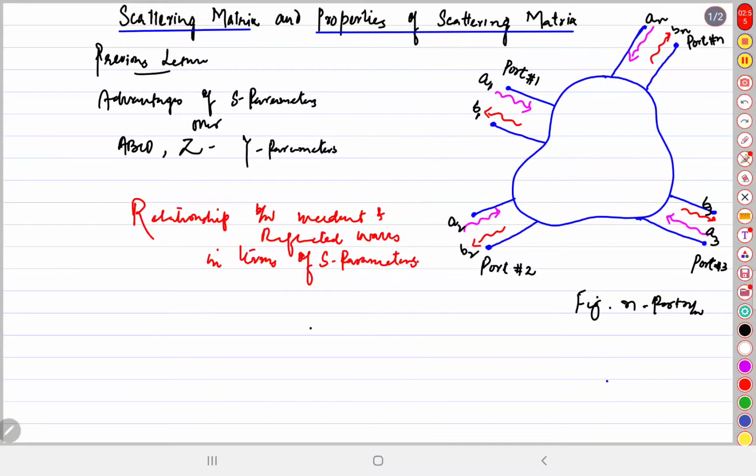So what are these waves? These are basically voltage or current waves. In general, for an ith port, for example, this is our ith port.